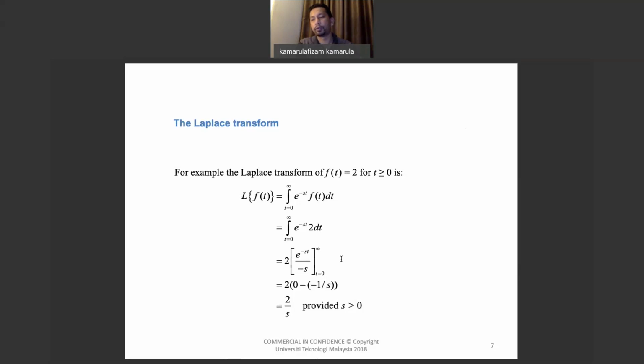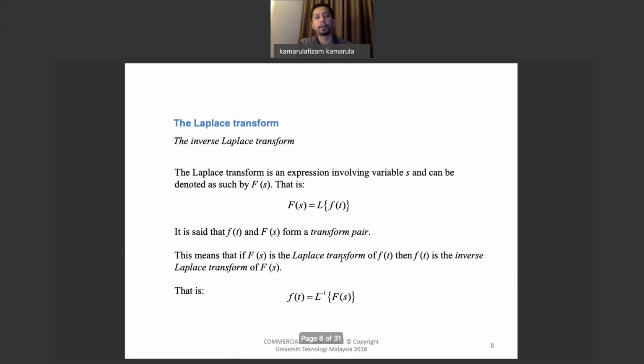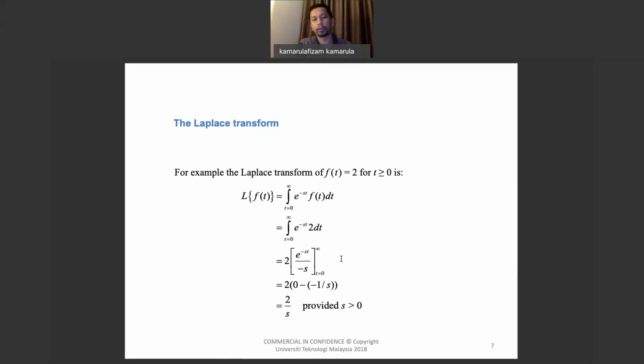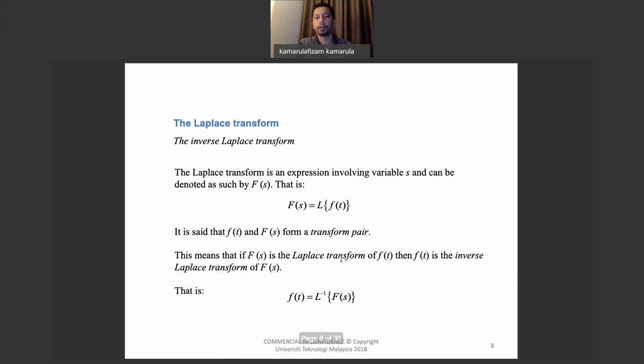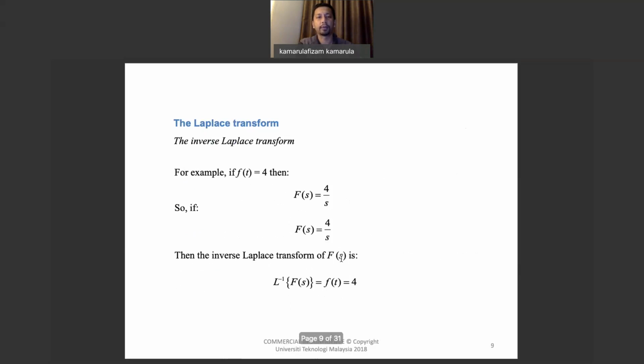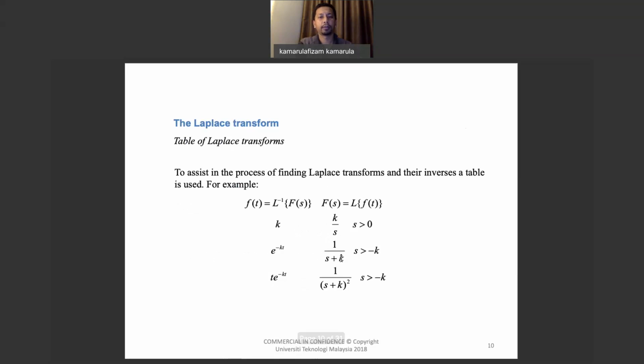So finally you will have 2 over s. All right, and of course you can do the forward transformation, and you can always do the backward transformation using the inverse Laplace transform. For example, in this case, for 2 over s, once you do the inverse Laplace, you will have the time domain signal again.